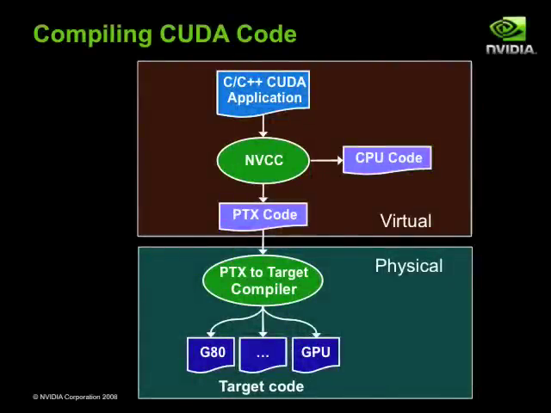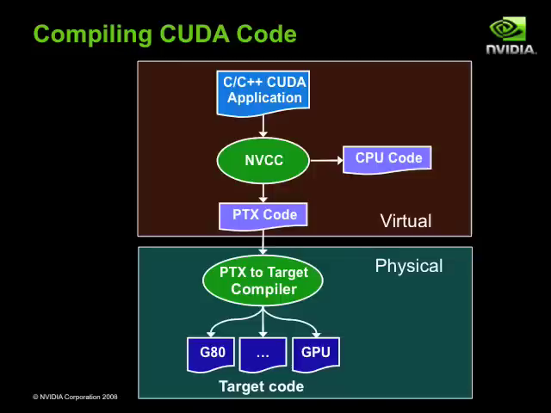This slide represents the compilation path of CUDA code. Any source file containing CUDA language must have the .cu extension and be compiled with NVCC. NVCC is actually a compiler driver that invokes all the necessary tools and compilers for both CPU and GPU code.